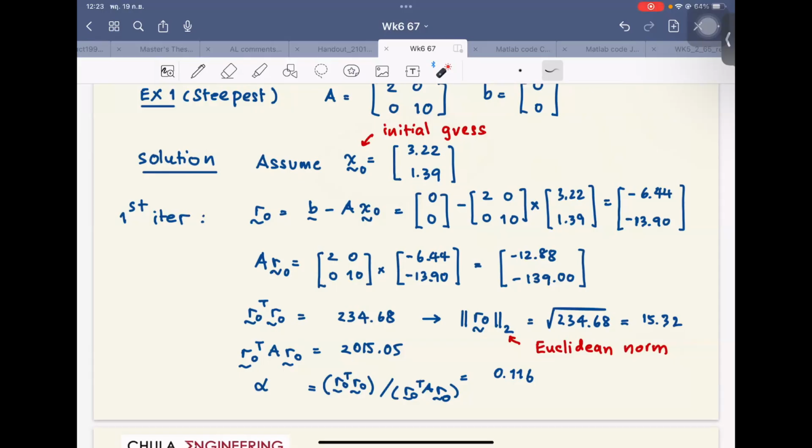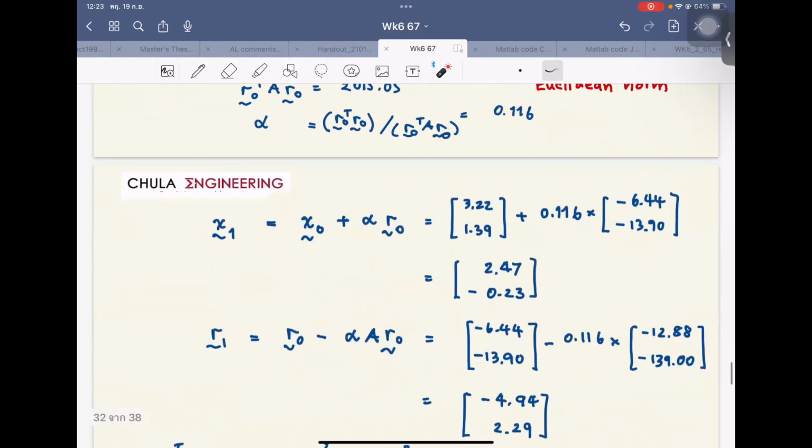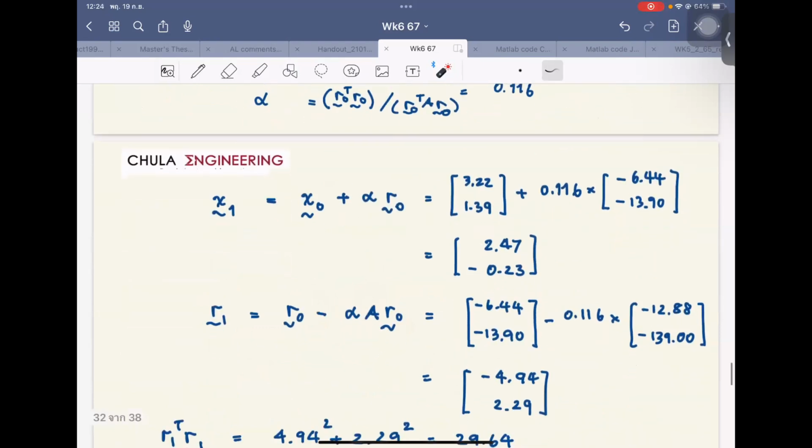Anyway, now let's get back to alpha. Now you get alpha, and then you apply the iterative formula. Now x1, the new solution, equals the current solution plus the search direction vector times the step length. Now you get the updated solution, and you finish. Now you are ready for the new iteration.